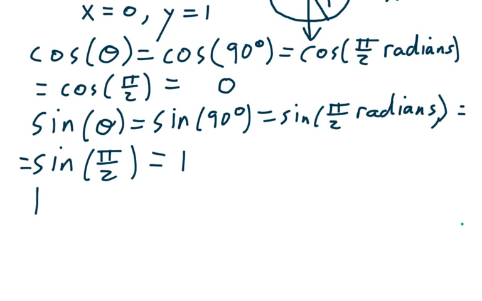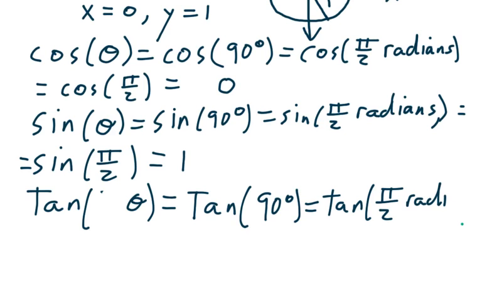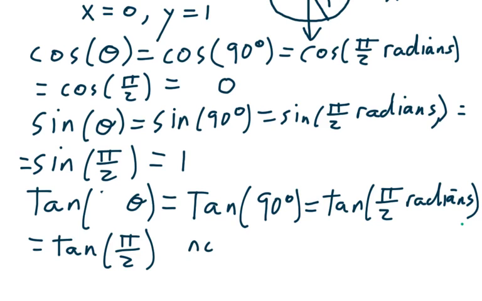Okay. Now for tangent of theta, this is equal to tangent of 90 degrees, which is tangent of pi over 2 radians. It's a lot of writing. And that's tangent of pi over 2. But that's not defined because tangent is always y over x, okay? And x is 0, so this is not defined.